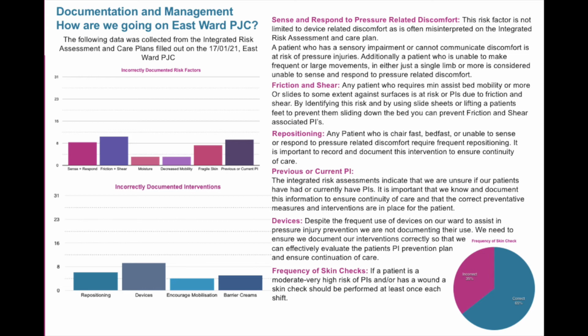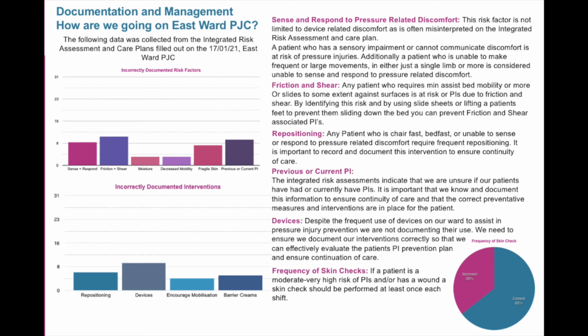And they reflect where we're failing to document and or identify the risk factors, interventions, and appropriate assessments required for our patients. So for incorrectly documented risk factors, 8 out of 31 patients were incorrectly documented on being able to sense and respond to pressure-related discomfort.